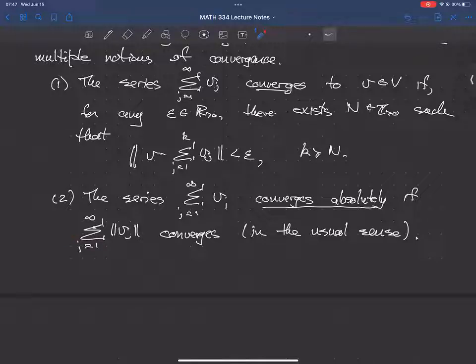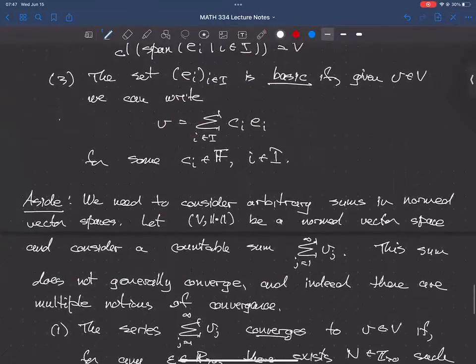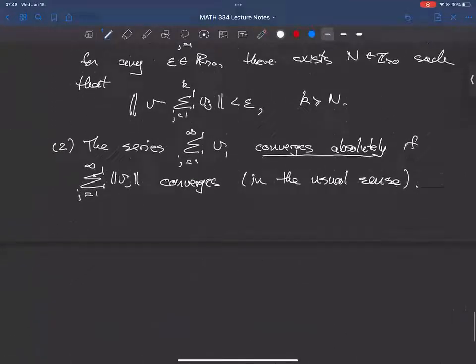Okay, so there's absolute convergence. But these two notions of convergence are not helpful for defining what it might mean for an arbitrary series to converge. By an arbitrary series, I mean a series with an index set that's not necessarily countable.